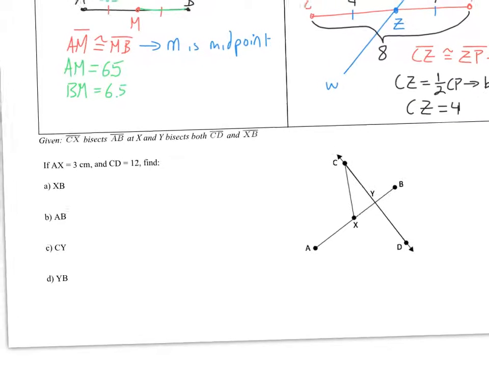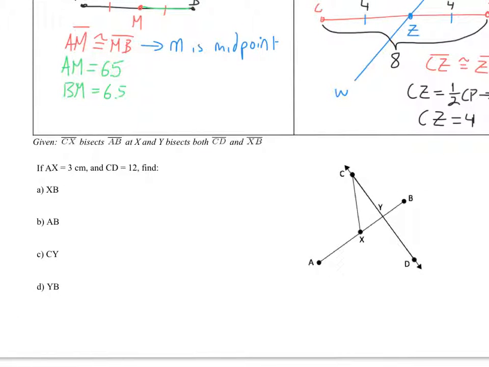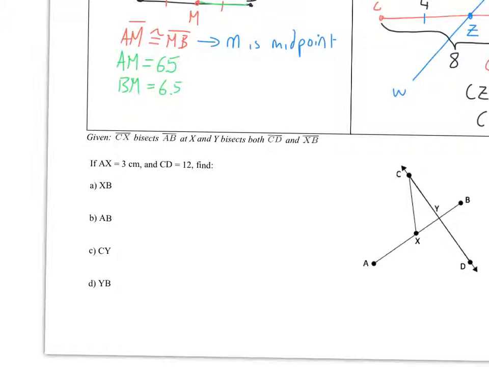This is a nice big thing. Ooh, we got lots of pieces going on here. And we have a diagram given to us. So we're going to get to really have our first practice marking stuff up. And we're going to start by trying to make sense of what's going on here. So we've got CX bisects AB. So I'm going to find AB, okay.